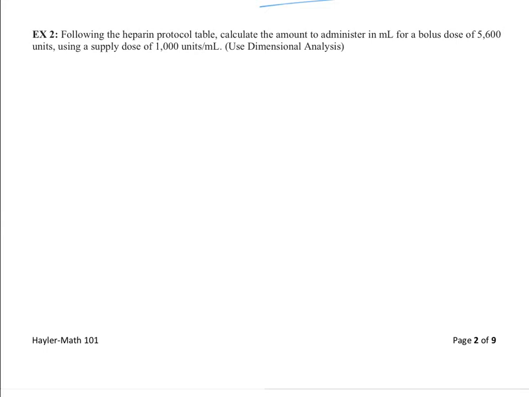The first thing we want to do is see if we need to convert any of our units. The dose we want is 5,600 units, which we found out earlier is the dose for a person who weighs 70 kilograms.